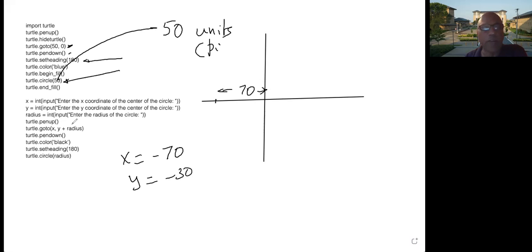And since we have Y equals negative 30, we are saying the Y coordinate of the center is negative 30 here. This is X equals negative 70. So the center will be here. And let us say we have a radius of 20.